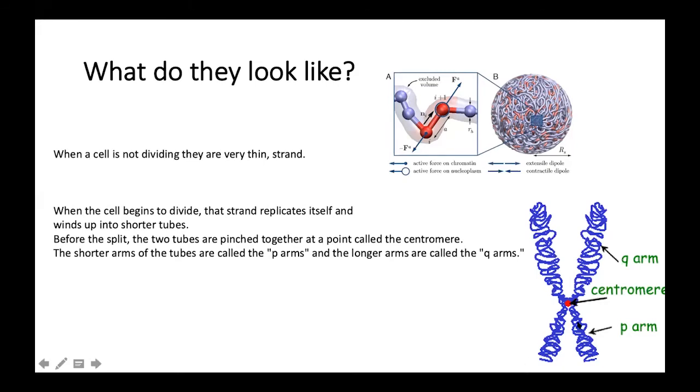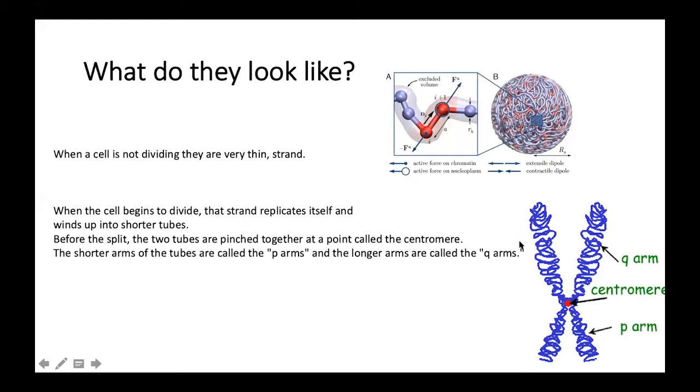These shorter tubes are connected at a point known as the centromere. Also, the chromosomes are made of two parts, the long arms and the short arms. The long arms are known as the Q arm and the short arms are known as the P arm. So let's say that chromosomes look like short little worms or like the letter X.